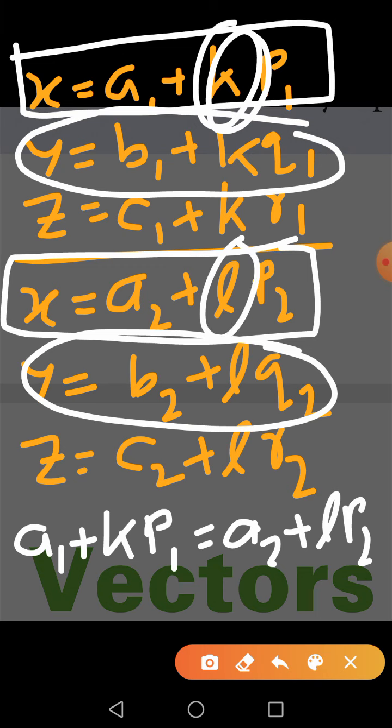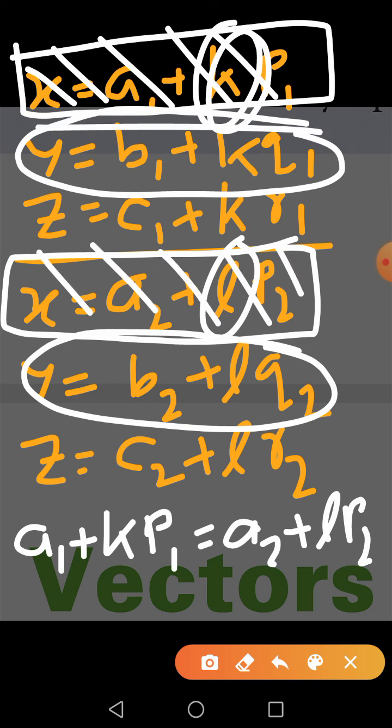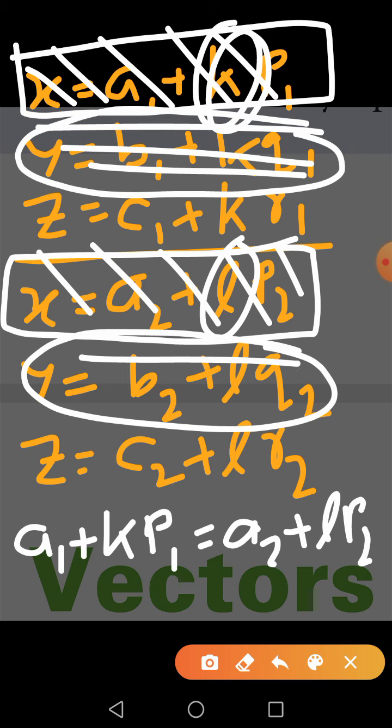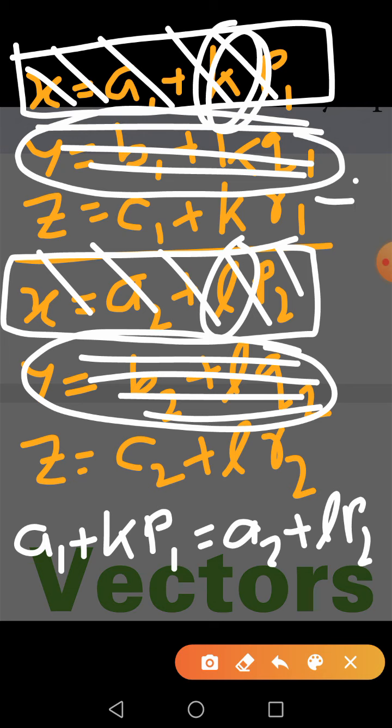Okay. So, which equations we have taken? We have taken x, okay, and we have taken y together and solved them simultaneously to find the values of k and l. Okay. Now, we are left with the equations of z. So, now what to do?